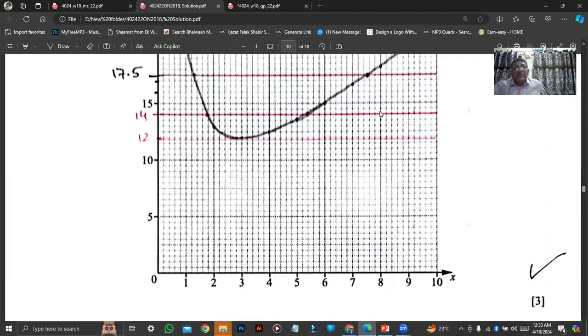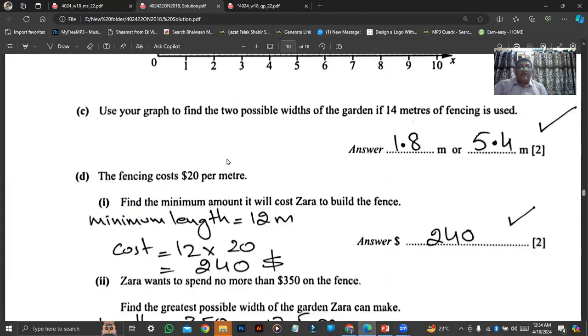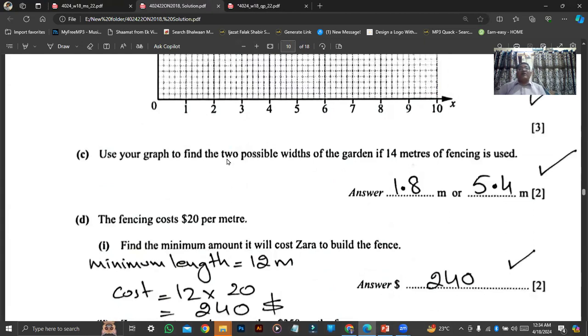The y value is 14, so I've drawn this line. It cuts my graph at two places. Wherever it cuts my main graph, I will check the x value below it. It's approximately 1.8, and this value is 5.4, I think. So 1.8 and 5.4.